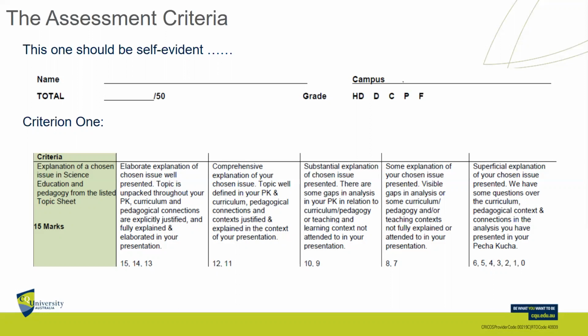Okay, so think about this criteria as you're doing it. Think about as you're doing the assessment. Am I doing an elaborate explanation of this issue? And have I covered what engagement is? Have I looked at it from inside as well? Have I done a full 360 analysis, for instance, of Indigenous perspectives? Why? Okay, what is the big push for it? It's a priority.